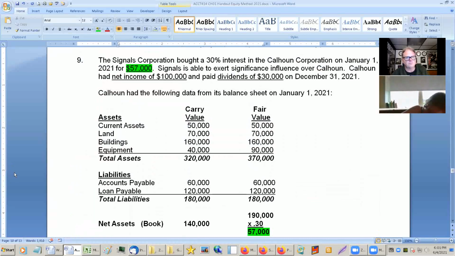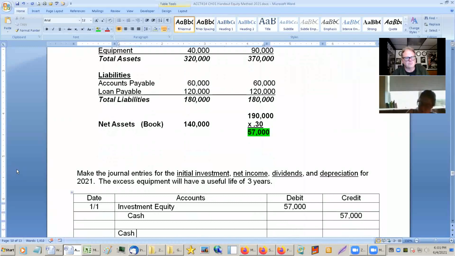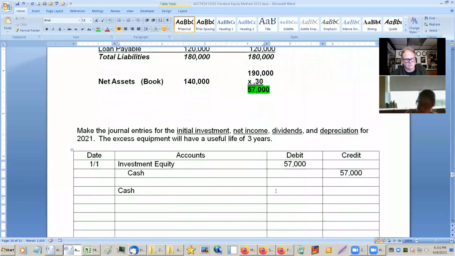And that would be 30,000 times 30% would be 9,000. So we are going to debit cash 9,000 and credit the investment equity 9,000.